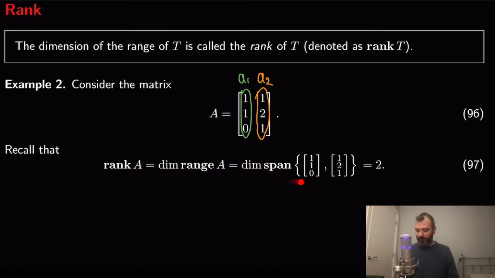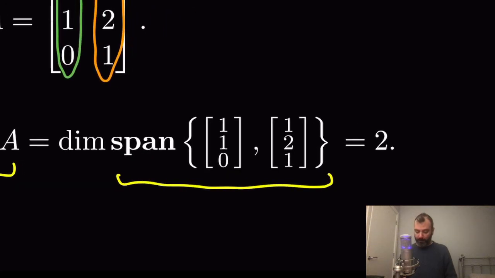It is the dimension of the span of these two vectors. The range of A is equal to the span of these two vectors, and this is equal to 2.